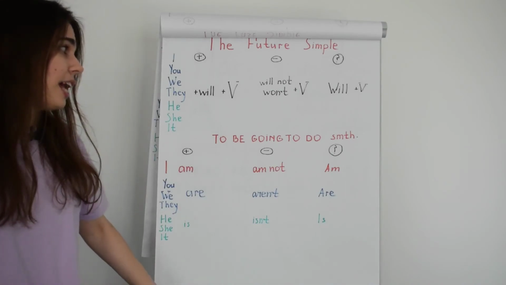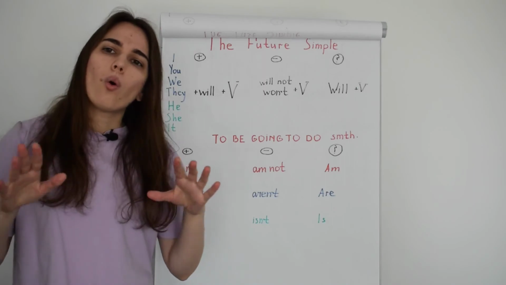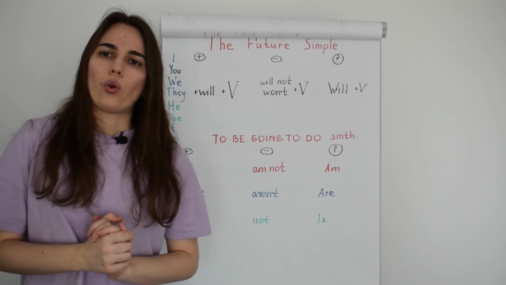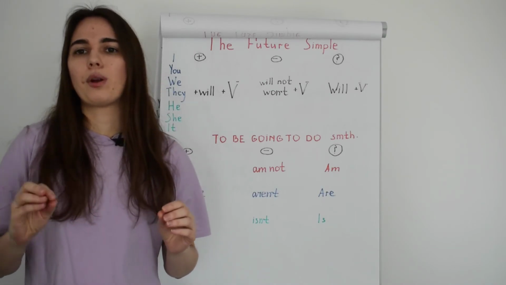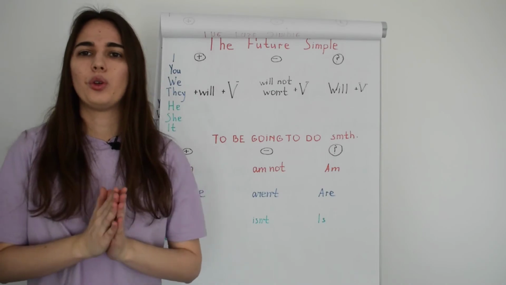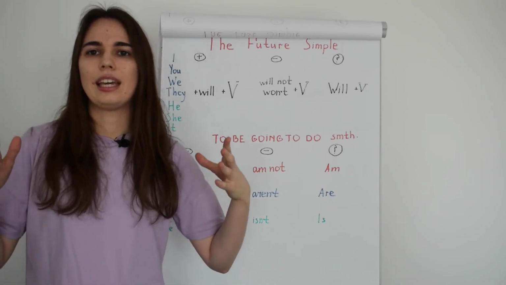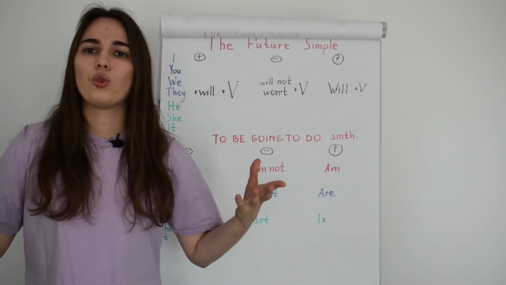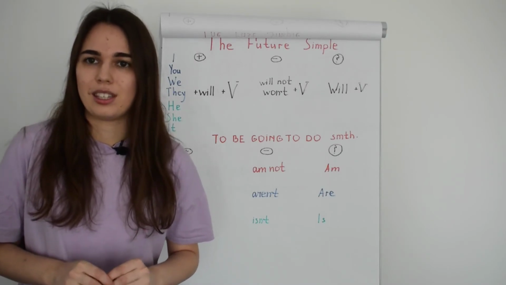And let's now review shortly all the tenses we've discussed. So first of all, we've discussed the present simple and the present continuous. And now you know the difference when you talk about things in general, when we talk about our everyday routine, habits, etc. We use the present simple.